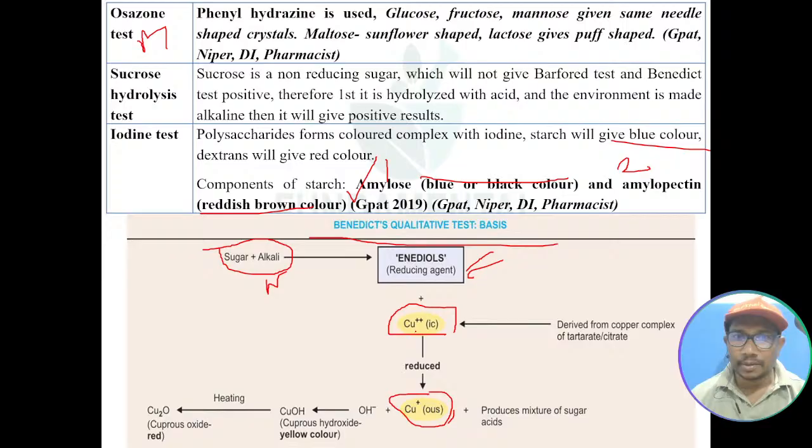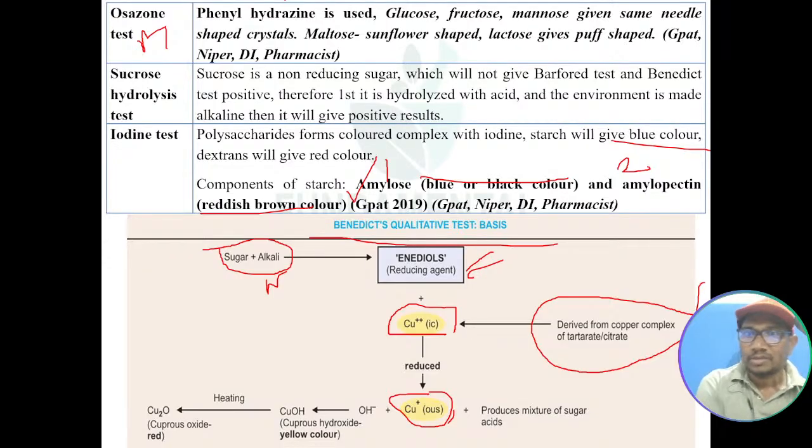And where does the cupric ion come from? From the Benedict reagent. What is the Benedict reagent? It is copper sulfate, or a copper complex of copper tartrate and citrate. From that, the cupric ion is reduced to the cuprous ion.